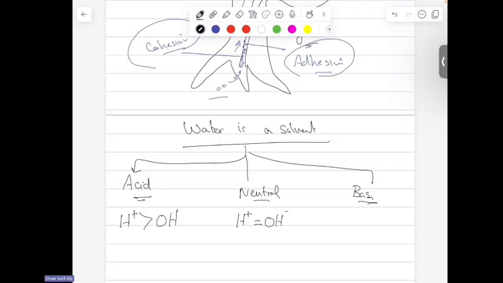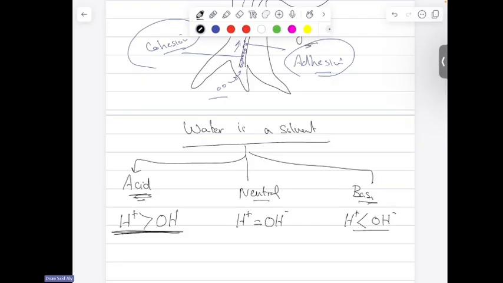Regarding the bases, the concentration of the hydrogen is lower than the concentration of the hydroxide ions. You must memorize them. Again, acids have more hydrogen than hydroxide. Bases, the opposite, more hydroxide than hydrogen.